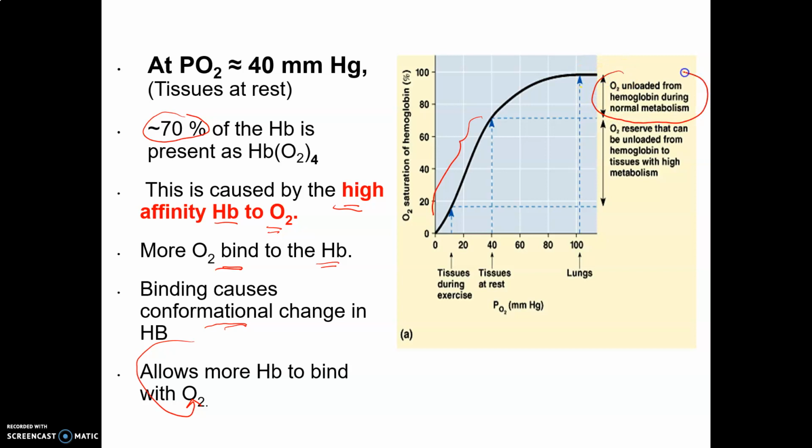Ini adalah 30% of oksigen tadi, dia akan diberi kepada tisu yang resting tadi untuk carry out dia punya normal metabolism lah. Lagi 70% ni dia simpan, dia akan bind dengan hemoglobin, dan 30% tadi dia akan digunakan untuk normal metabolism.